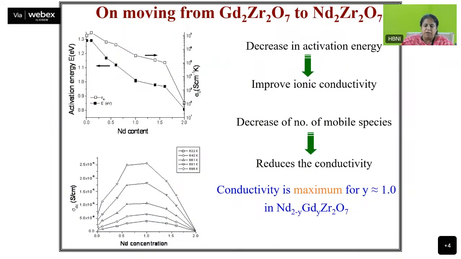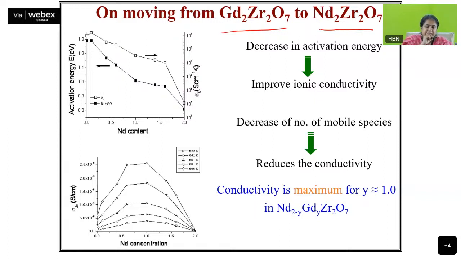Now let's say in this particular work, this was done in our group. We took Gd2Zr2O7, which is exactly at the borderline. It is a pyrochlore, but it is a highly disordered pyrochlore because it lies at the borderline of the defect fluorite and the pyrochlore structure. Nd2Zr2O7 is a fairly ordered pyrochlore.